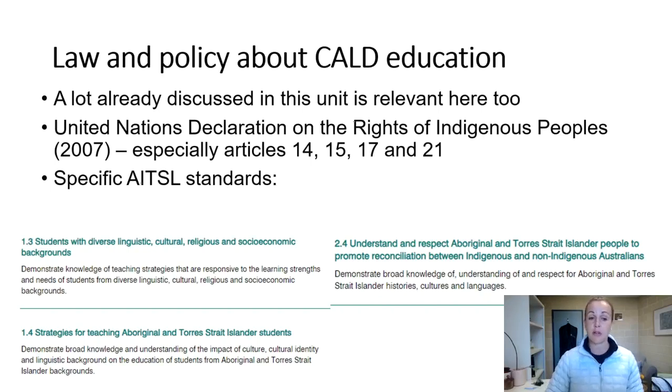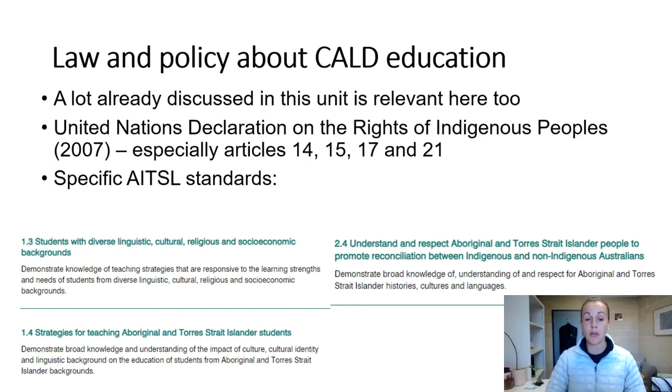It goes further in Article 14 to talk about their right to establish and control their educational systems and institutions to provide education in their own languages and in a manner appropriate to the cultural methods of teaching and learning. Aboriginal and Torres Strait Islander people under this convention also have the right to access all levels and forms of education without discrimination.